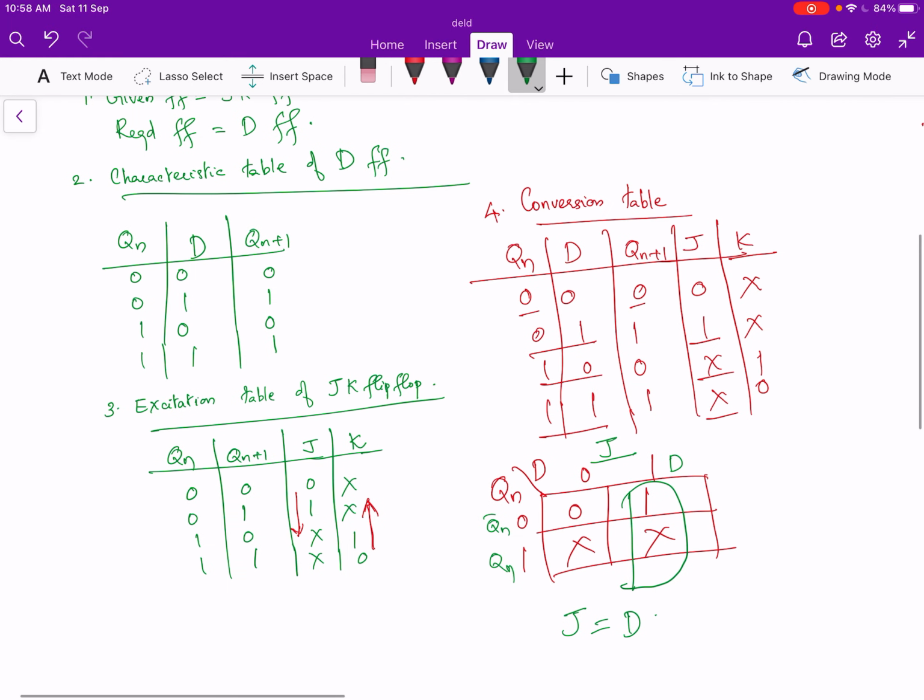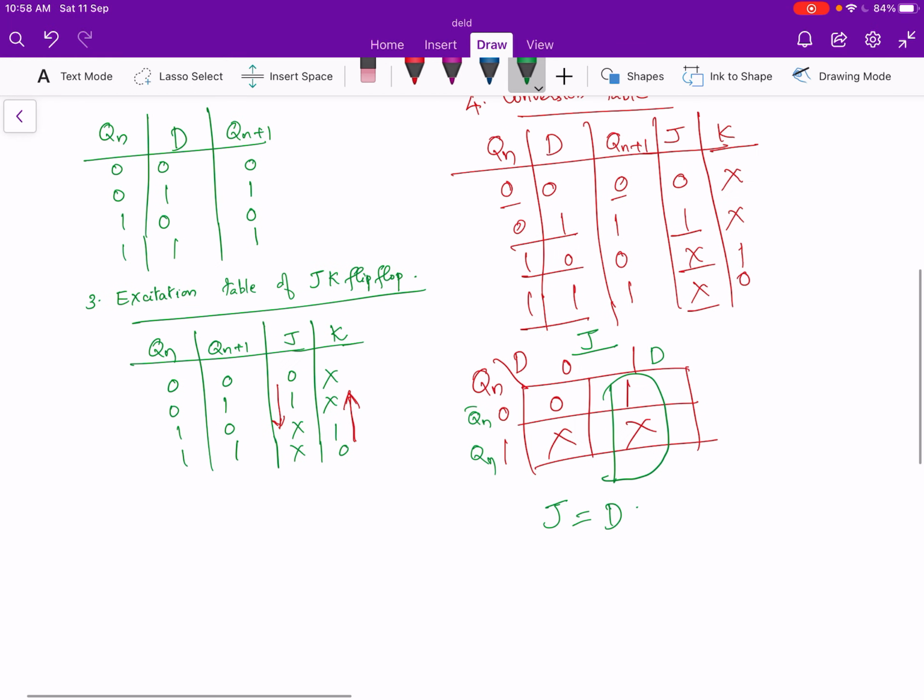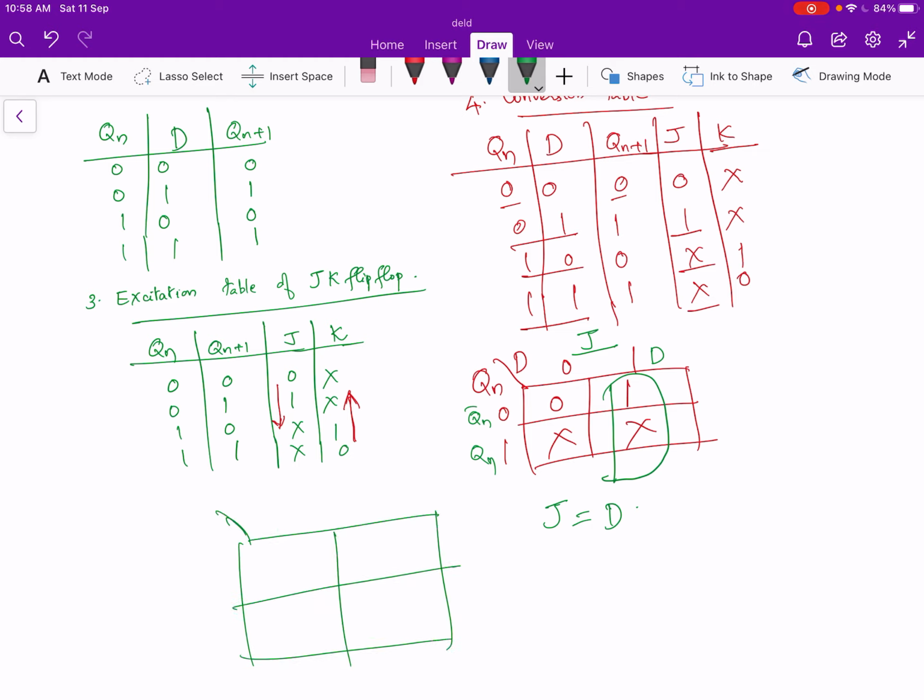Now we can draw the K-map for K. So this is Qn and this is D, 0, 1, 0, 1. So corresponding to 0 0, K is don't care, corresponding to 0 1, K is don't care, 1 0, K is 1, and 1 1, K is 0.